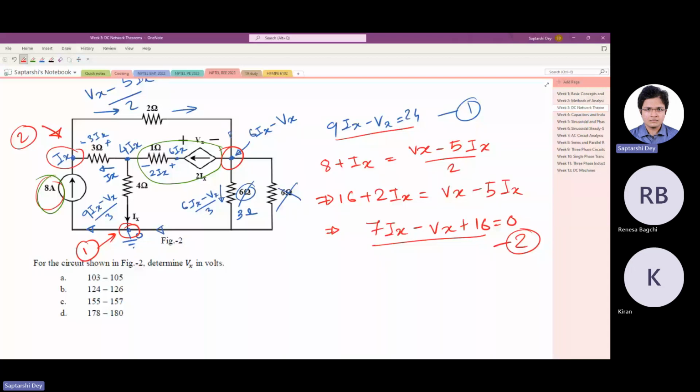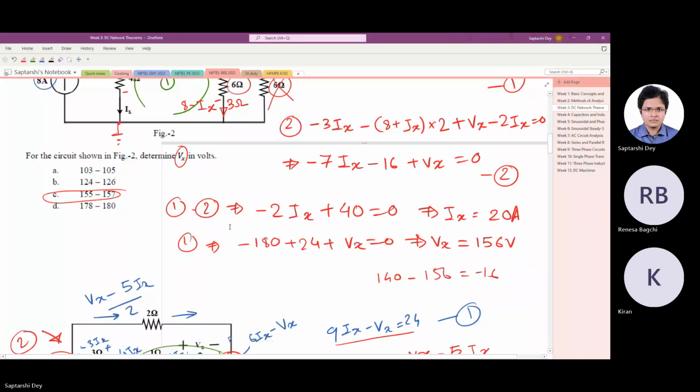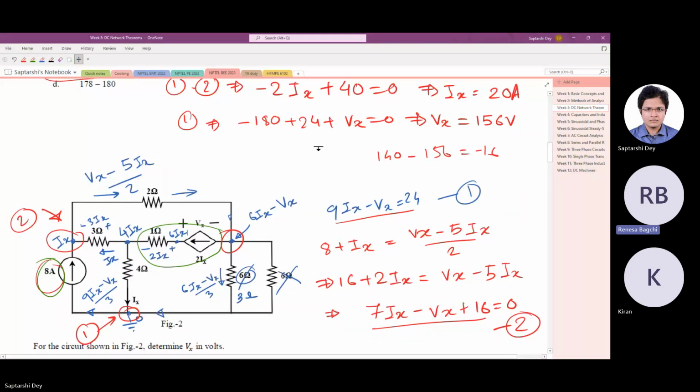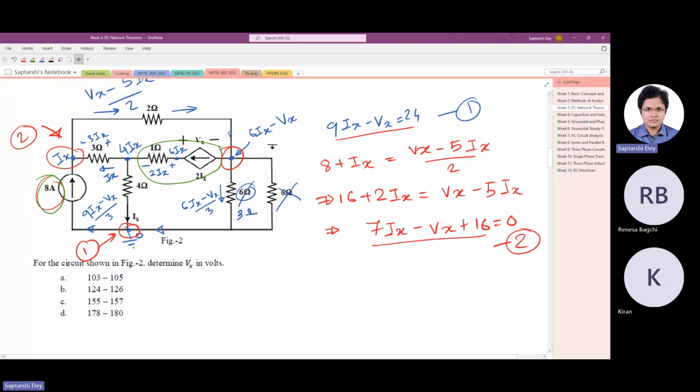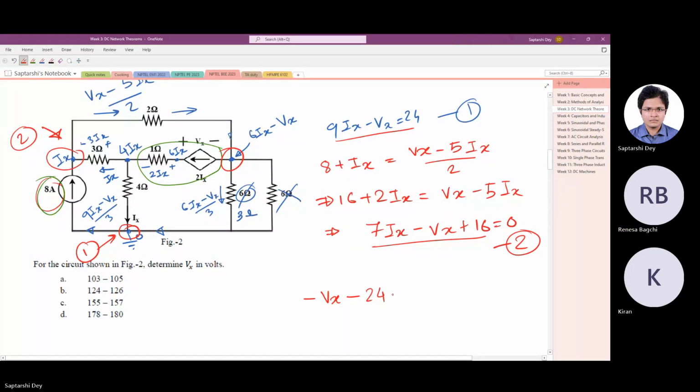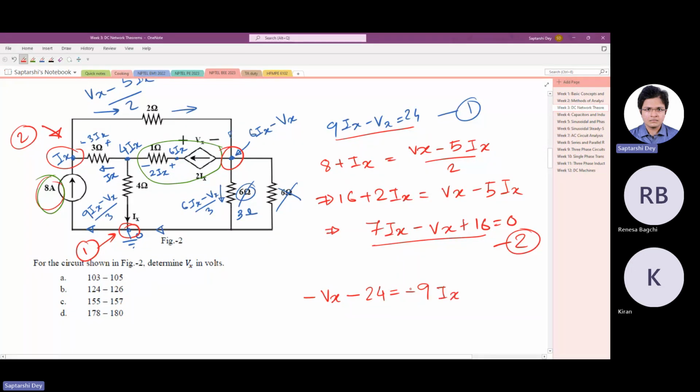And if you talk about verification, let us say with this, another equation is minus vx minus 24 plus 9ix equal to 0. Minus vx minus 24 is equal to minus 9ix.